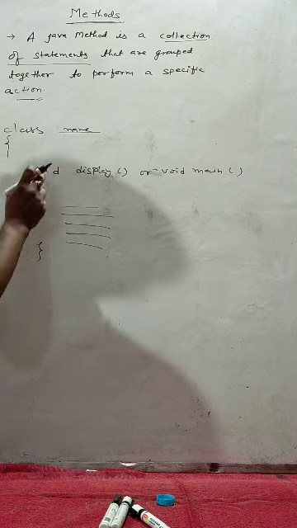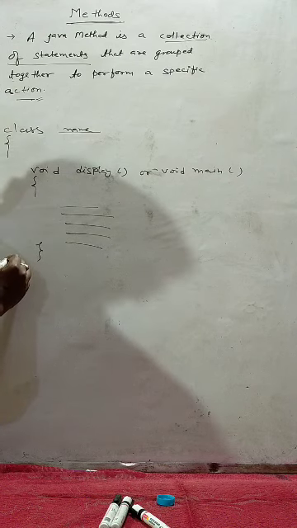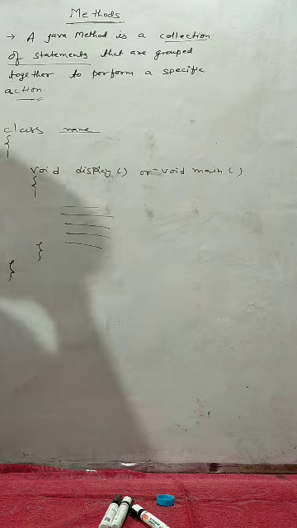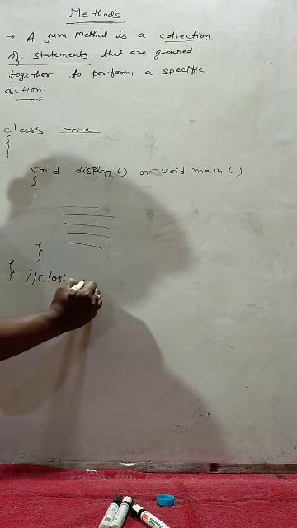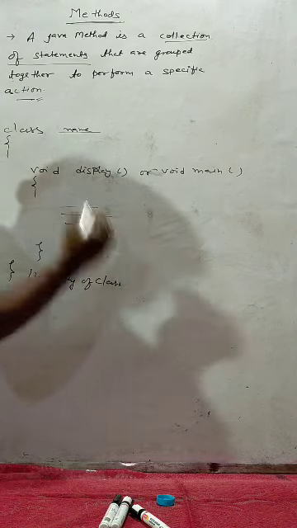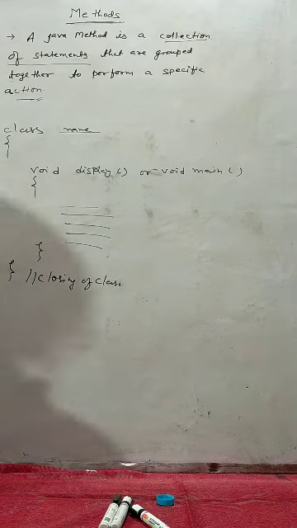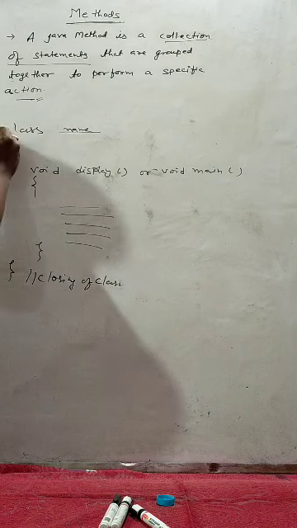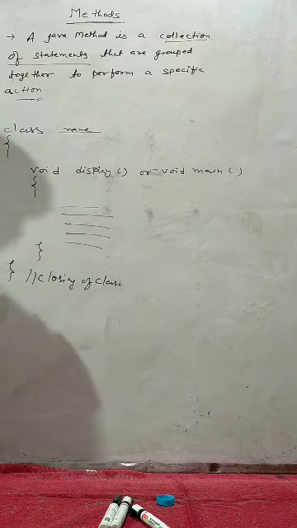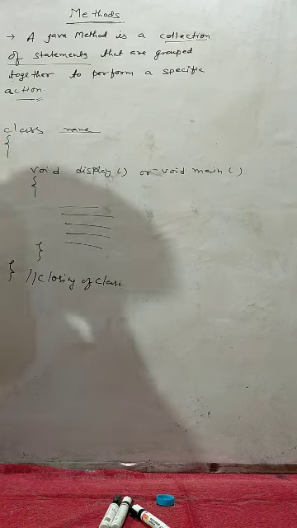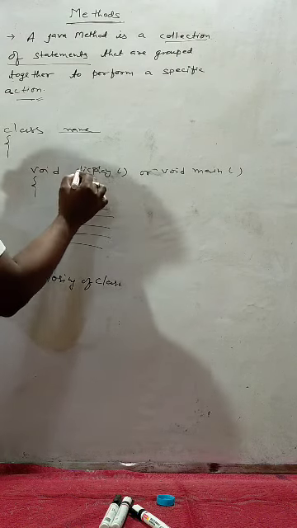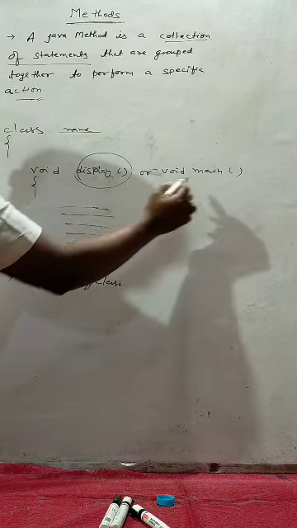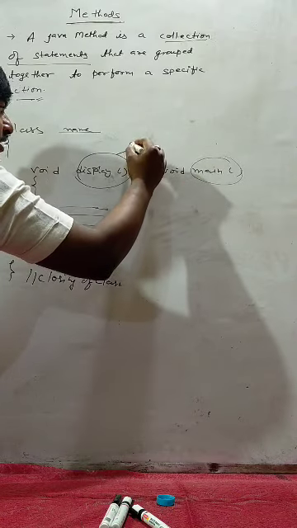This is the closing of the void display method, and again one closing bracket. This is the closing of the class. So this was our structure that we studied in class 9. So see, this is display or the main. This is called the method.